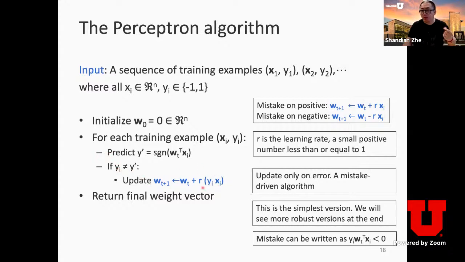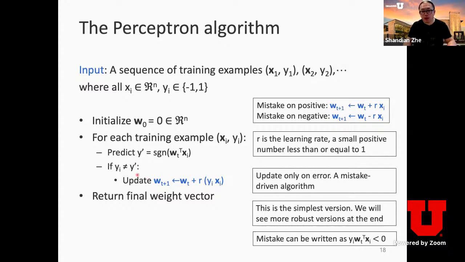Then here's our updating rule. We add to the current weight vector a product, which is the learning rate multiplied by the ground truth label yi multiplied by the input vector xi. We add this product to the current weight vector to get the updated weight vector.